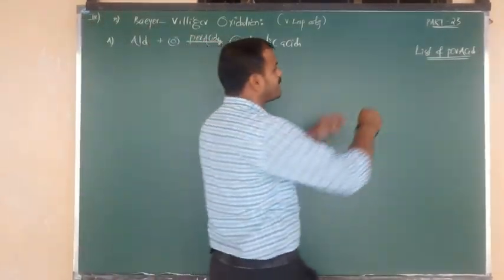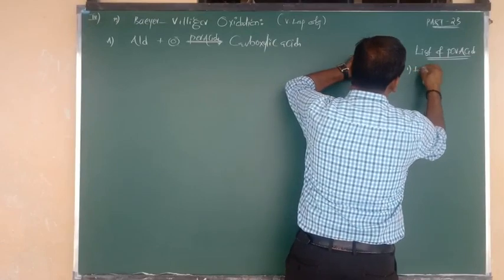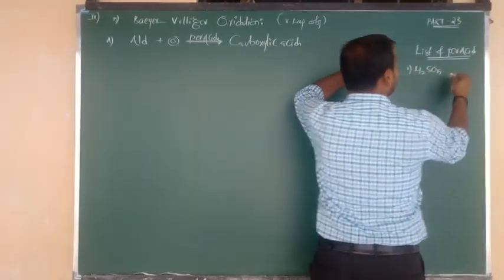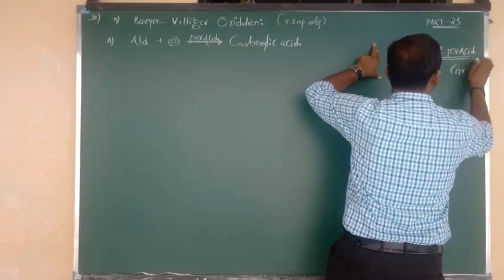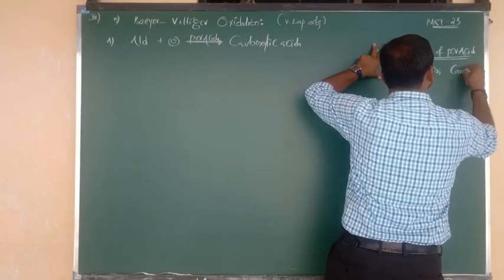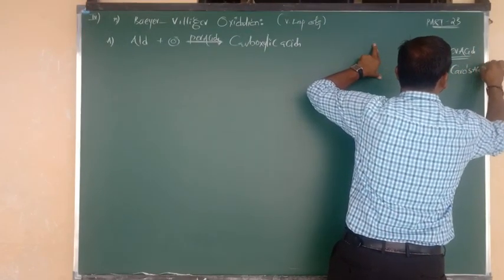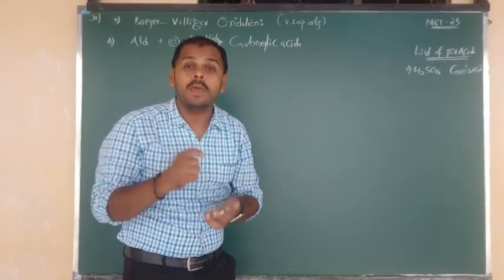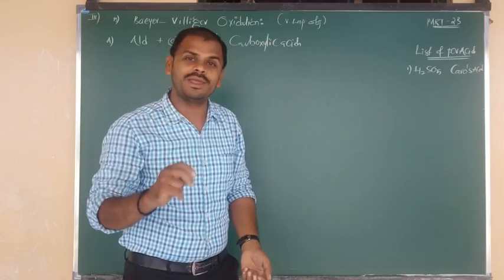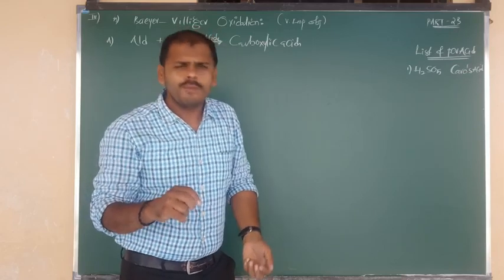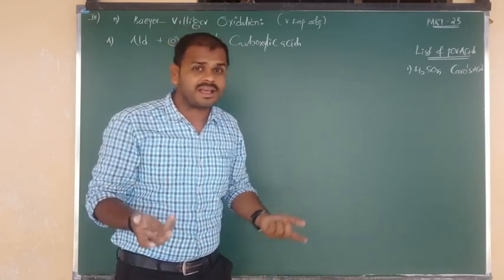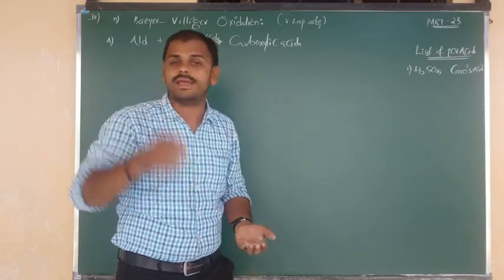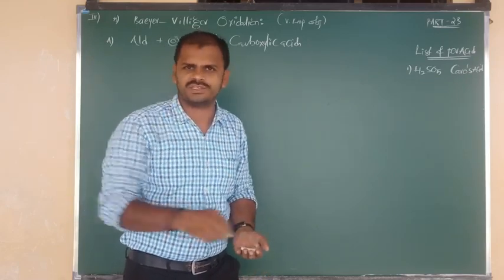Number one is H2SO5, which is known as Caro's acid. You know this name and formula very well. What is the name of Caro's acid? Peroxymonosulfuric acid, or we can also say permonosulfuric acid. Peroxy or per, as you wish.